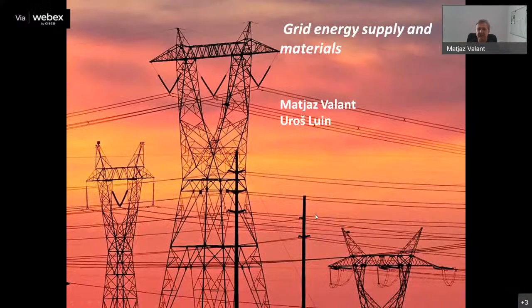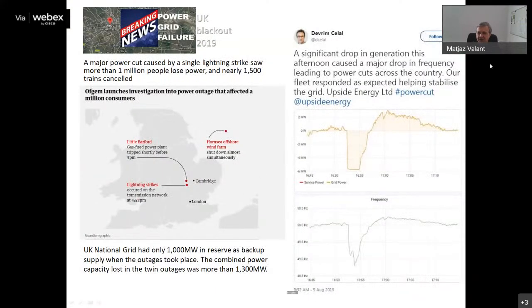We're going to talk about grid energy supply and how new material technologies can help resolve the problems that are occurring in today's grid. Now I will first tell you two examples of these problems. One is from 2019, and it happened in the UK.